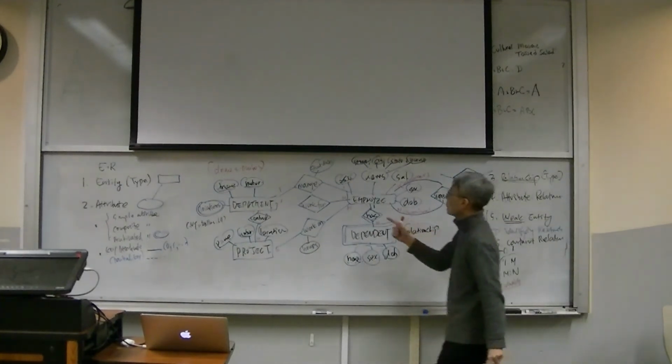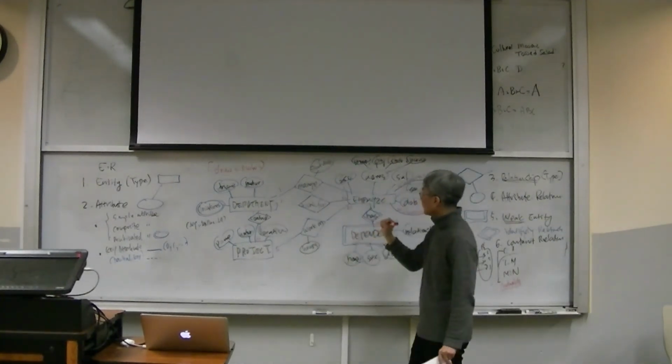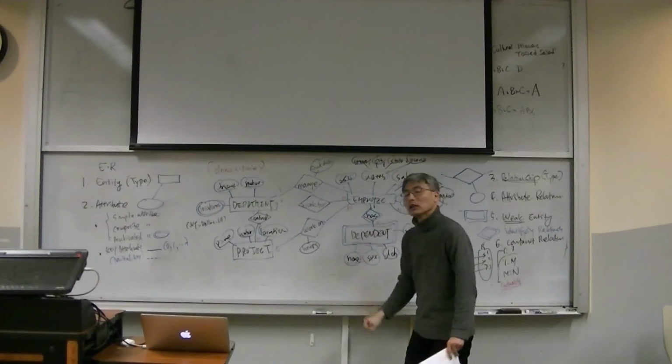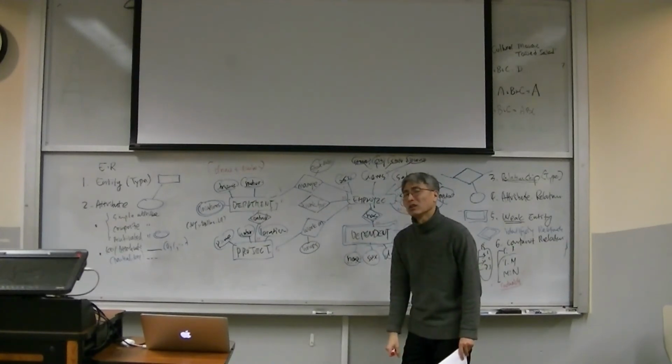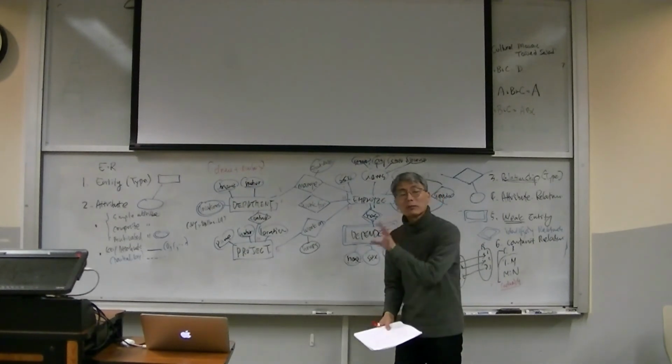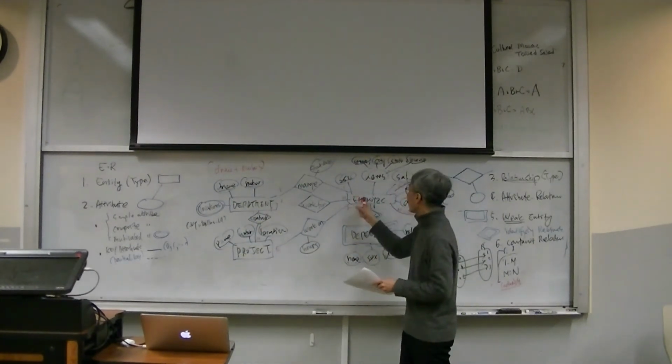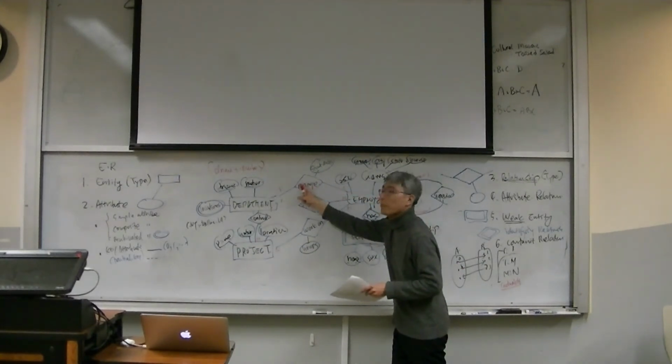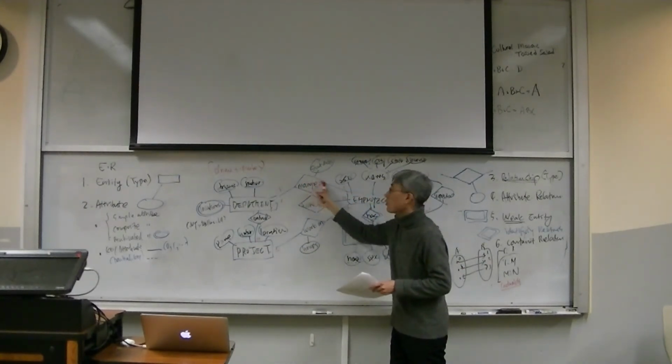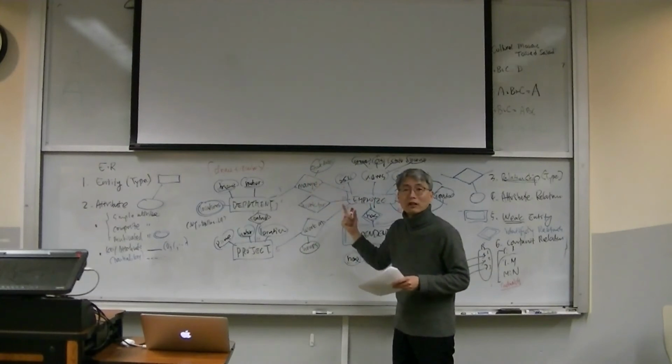So, for example, manager. Not all employees are managers, right? Some of them are managers, some of them are not, which means not all employee entities participate in the manages relationship. In other words, it's optional.